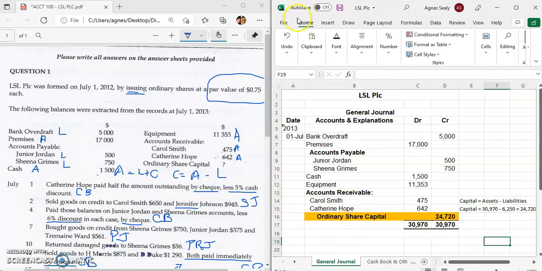So that completes doing our opening entries here. We're now going to move on to the other transactions.